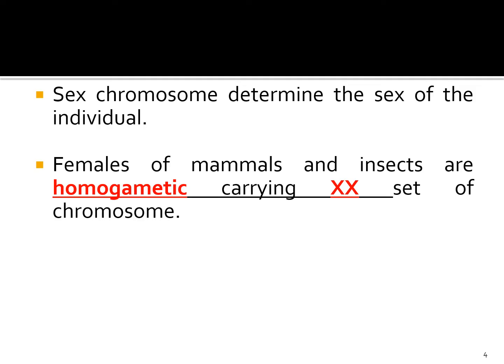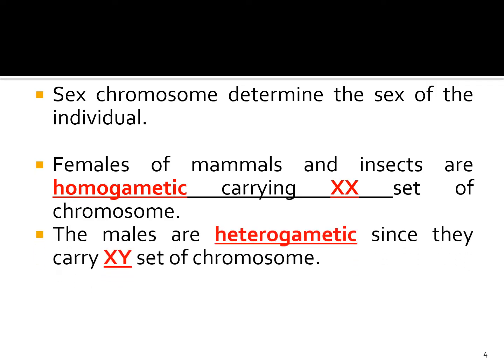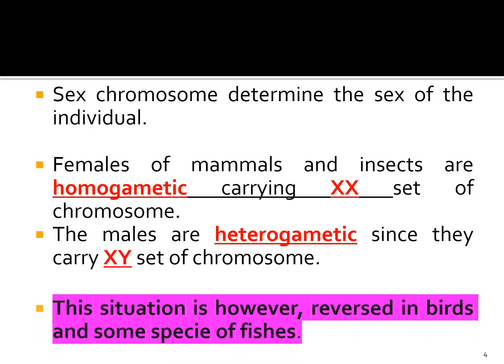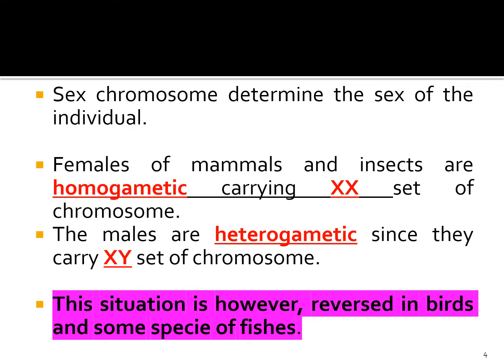So female animals, of mammals and insects, are homogametic, meaning that they carry the XX set of chromosomes, while the males are heterogametic because they carry the X and Y set of chromosomes. This situation is, however, reversed in birds and some species of fishes.